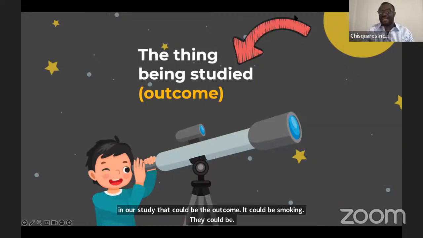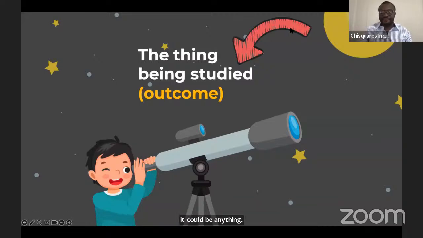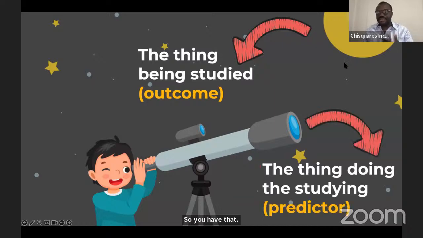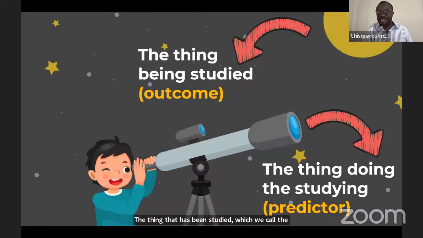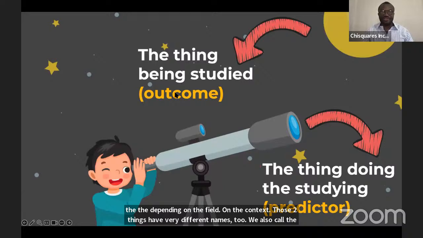And then secondly, you have the thing doing the studying, right? So there are always those two components to every regression analysis. The thing that is being studied, which we call the outcome, and the thing doing the studying, which we call the predictor. Depending on the field or on the context, those two things have very different names too. We also call the outcome, what's another name for the outcome variable?